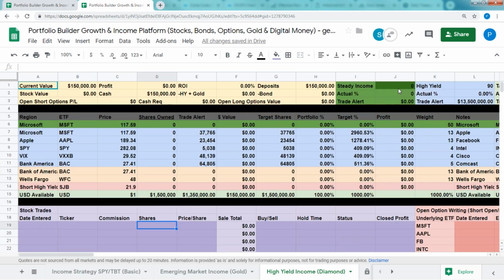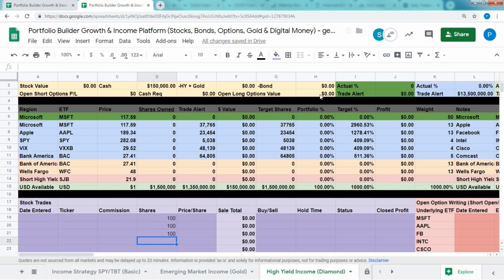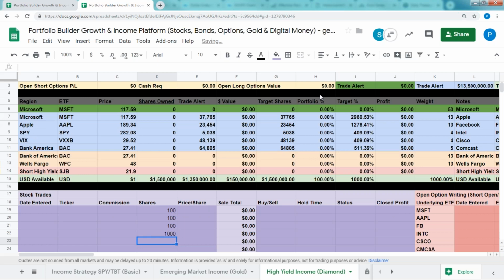How many shares of each of these do you want to use? Starting with Microsoft, 100. Apple's 100. SPY's 100. VIX is 1,000. And BAC is 500.